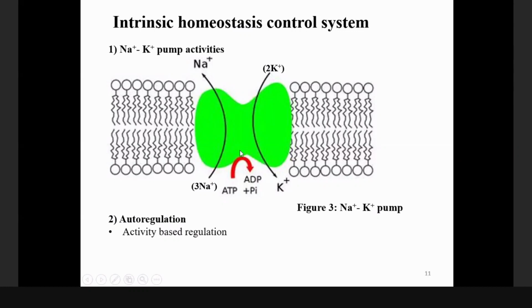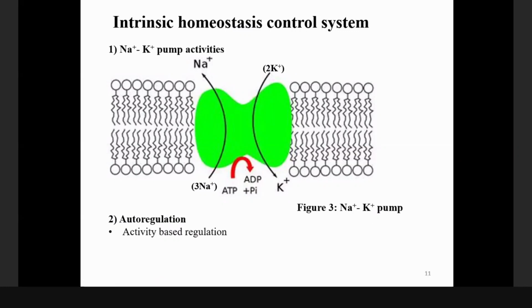That is called sodium-potassium pump. This is a pump through which three sodium ions leave out the cell in exchange for 2 potassium ions into the cell. So it is called sodium-potassium exchanger, or sodium-potassium pump.